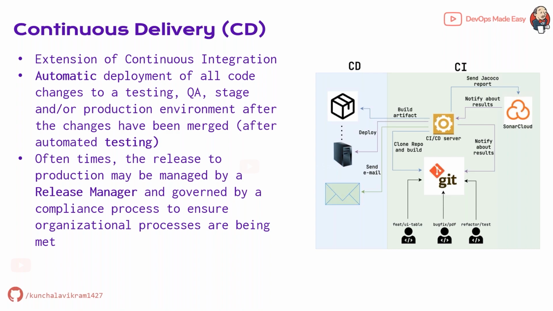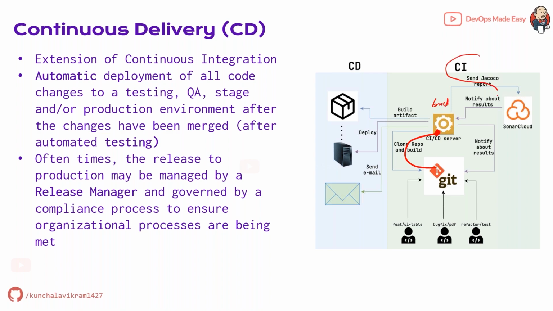These deliveries often will be managed by someone known as a release manager, who has to approve the continuous delivery process. We are delivering our final artifact. If you see the image, we have the CI/CD server sitting in the middle, and then we have Git. We clone it into the CI server, build, and test everything.